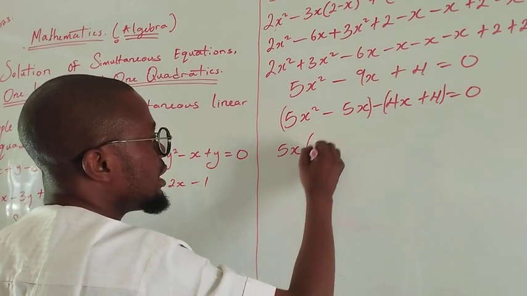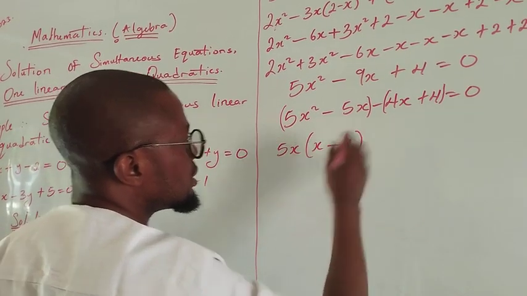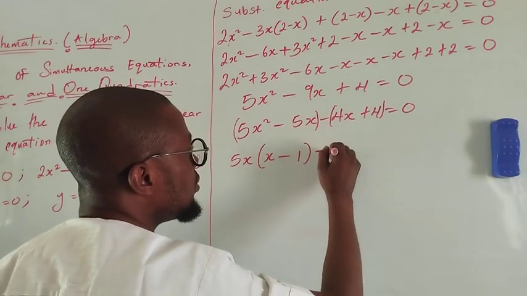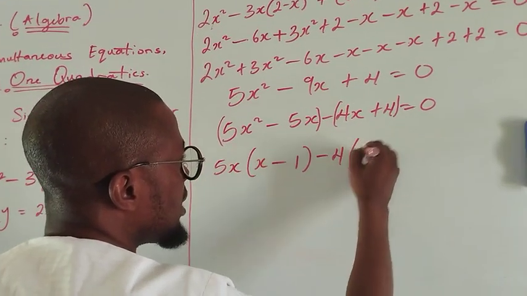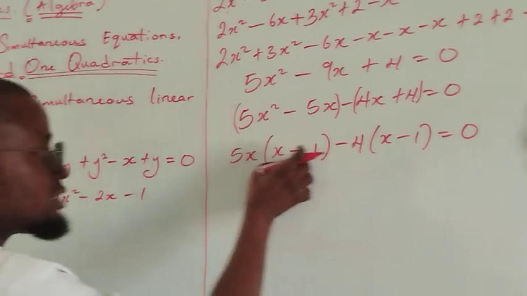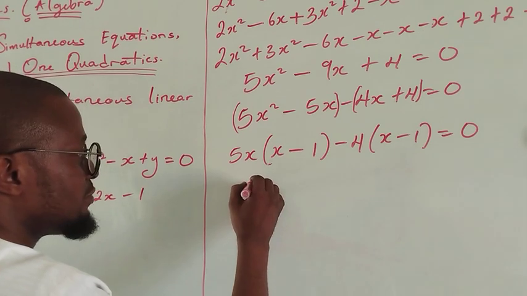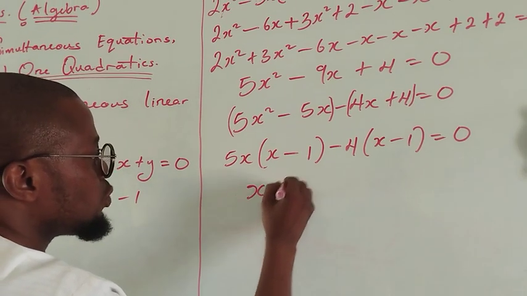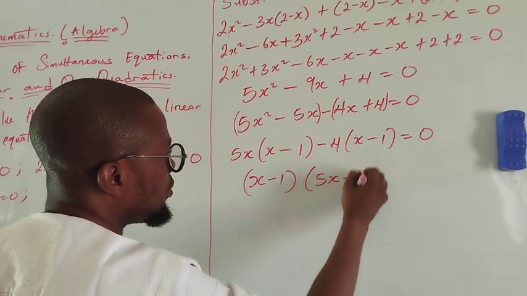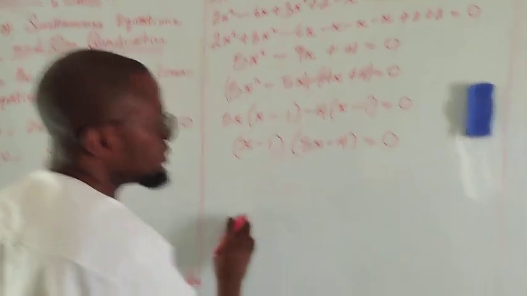I have 5x, then I have x minus 1 remaining there. Then here, I can also factorize 4, while this will become x minus 1, and we have 0. So again, x minus 1 is the same. I can therefore say x minus 1, open bracket 5x minus 4 equals 0.